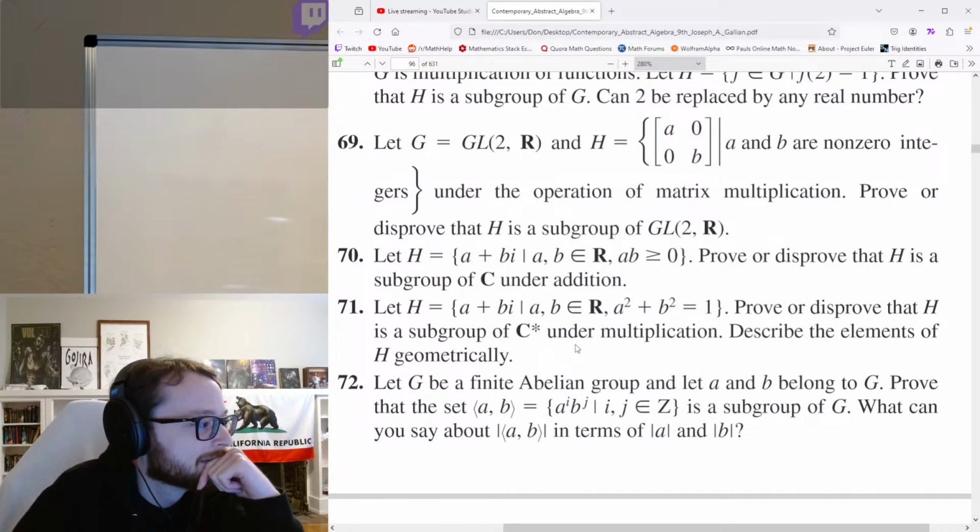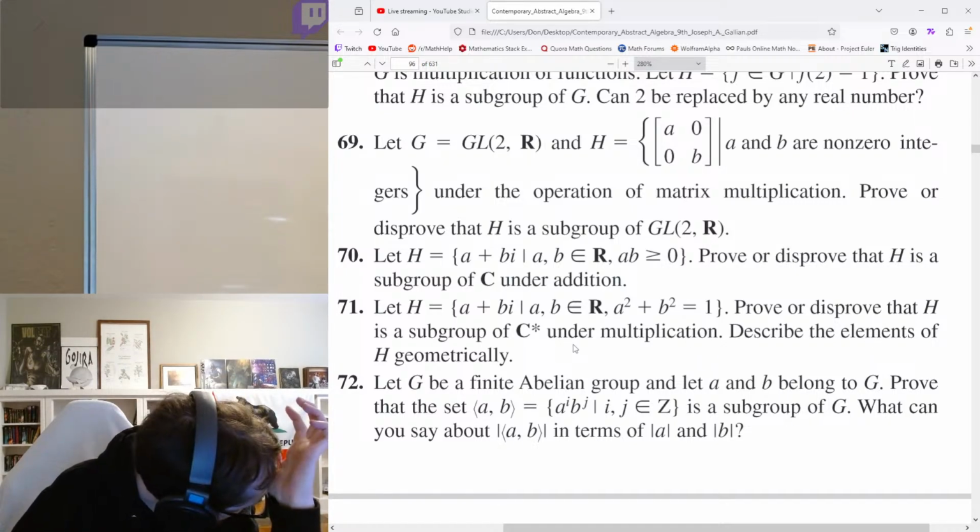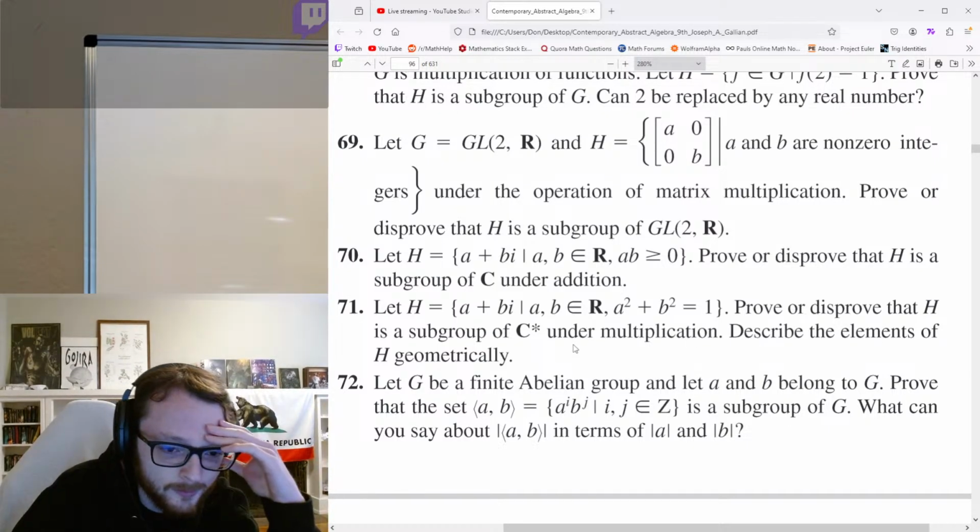Well, is it a semicircle or a full circle? I think a full circle. Wait, am I even right about this? Yeah, it's going to be the unit circle.